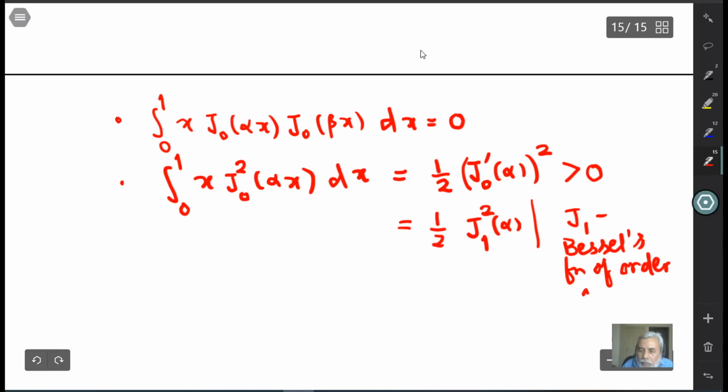We have the relation J0'(x) equals minus J1(x).